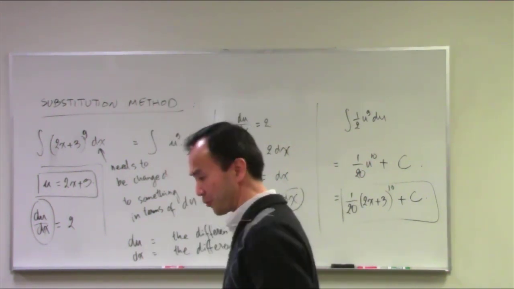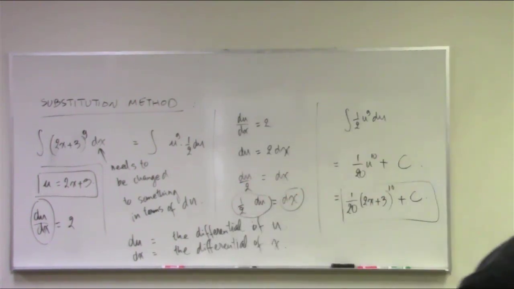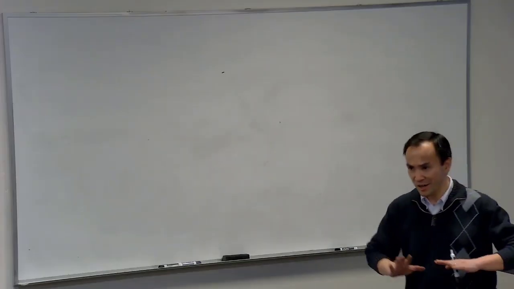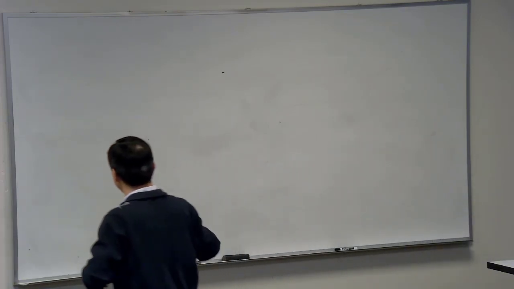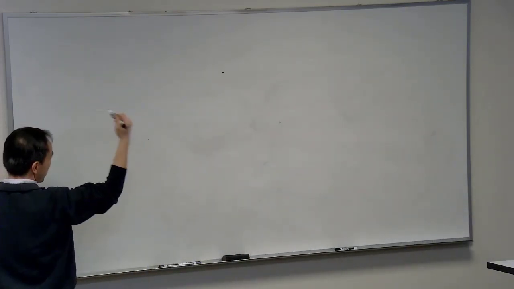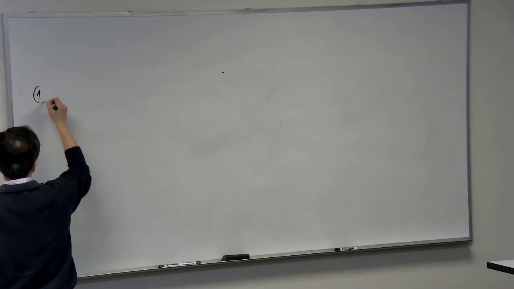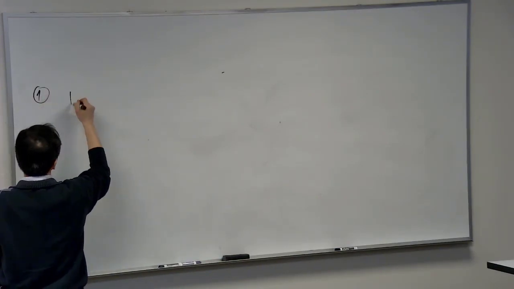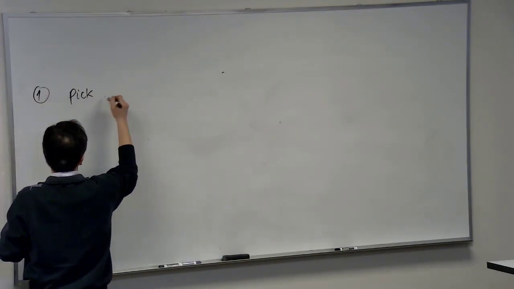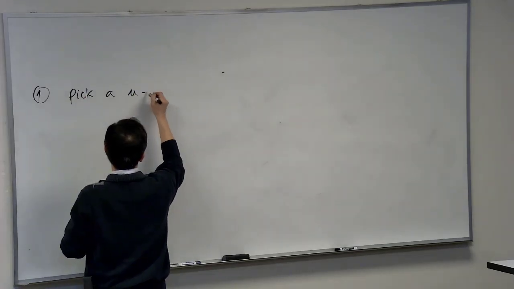So at this point, what is that method? Let me write down a general guideline for you guys here. There's not really a hard rule of how you choose a substitution. In the process I did, the first thing is just to pick a u substitution.